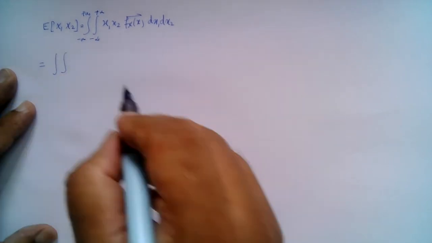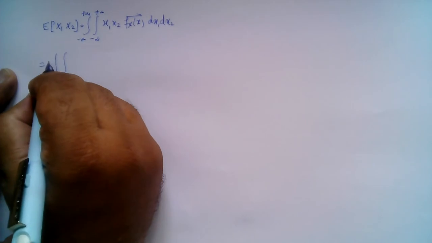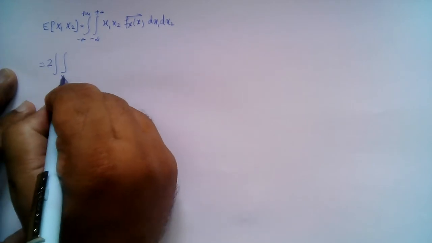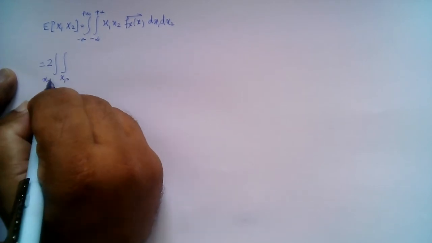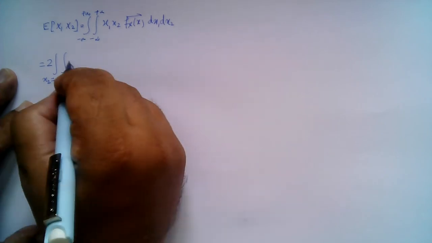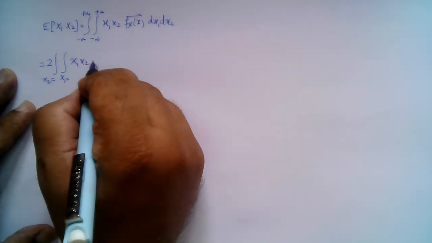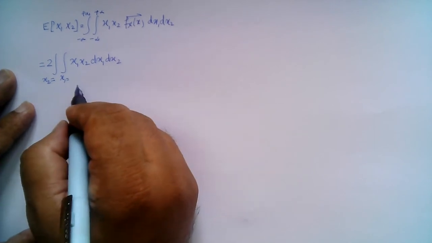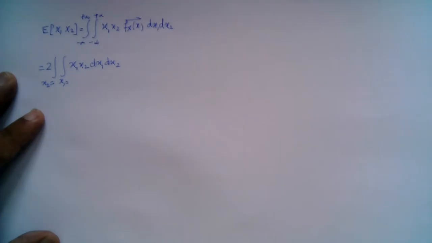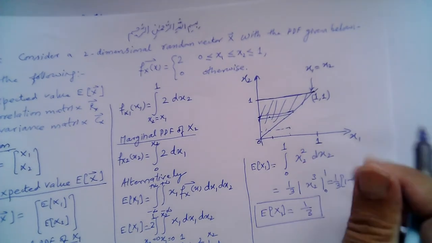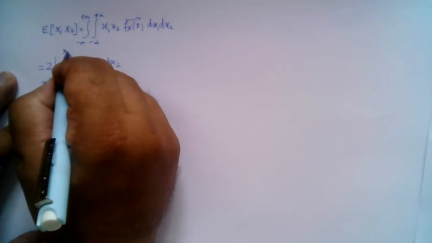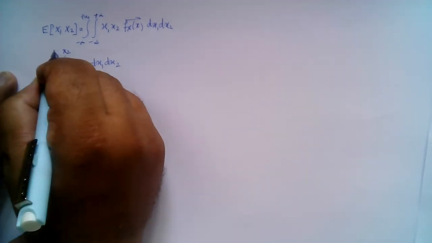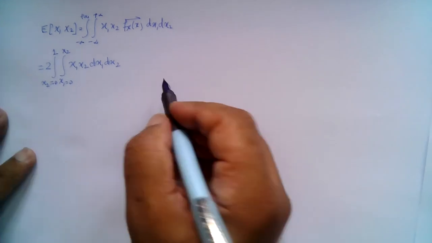The PDF is a constant 2, and the limits for x1 are from 0 to x2, and the limits for x2 are 0 to 1, right?